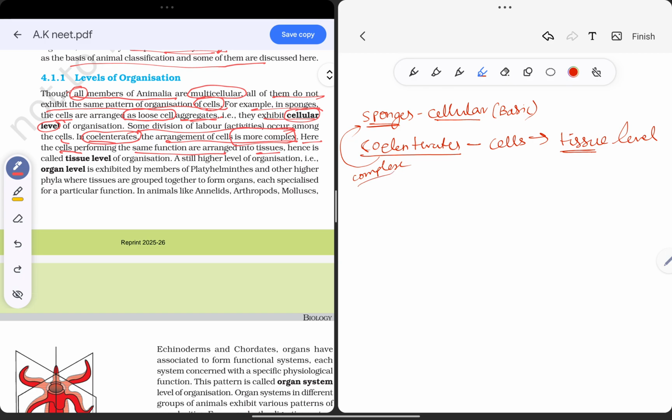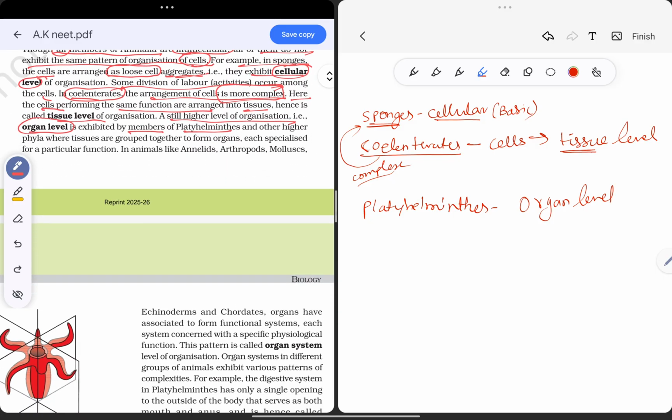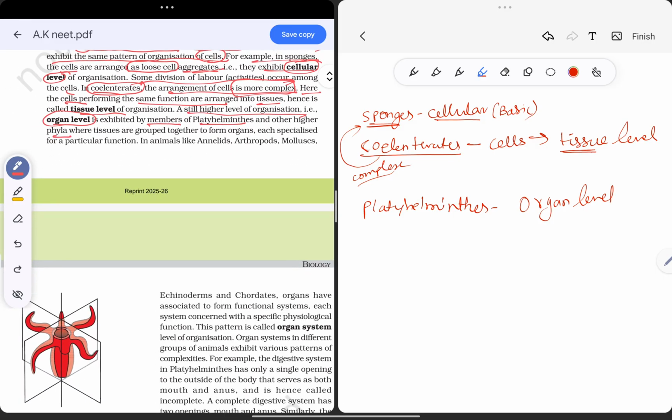Next, a higher level of organization, organ level, is exhibited by the members of Platyhelminthes.